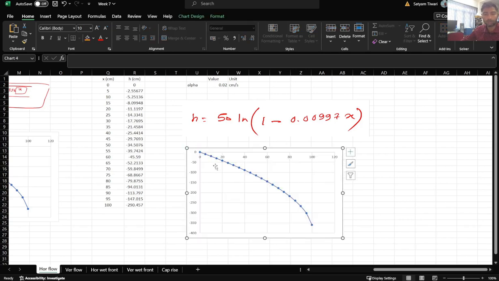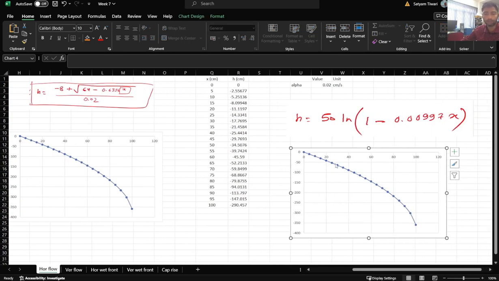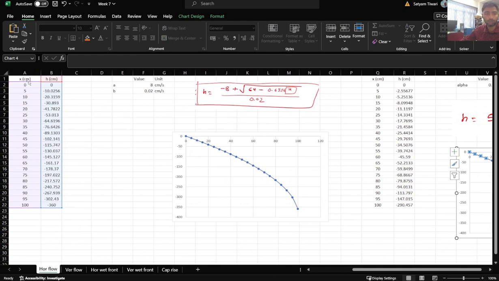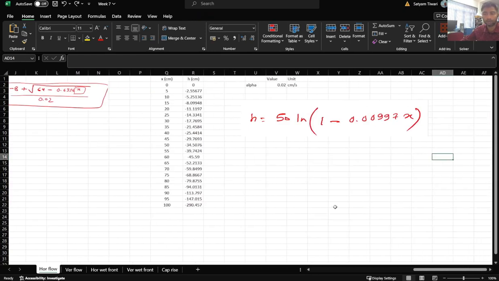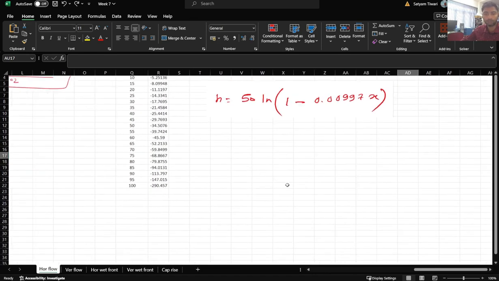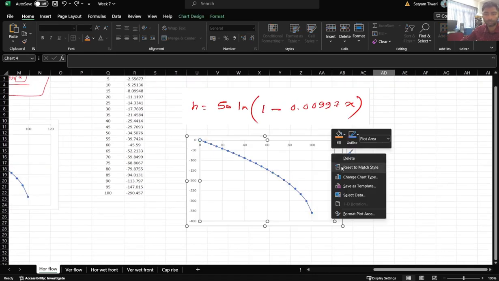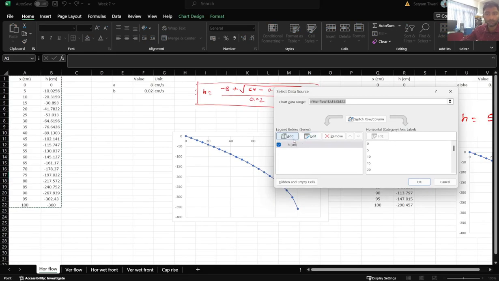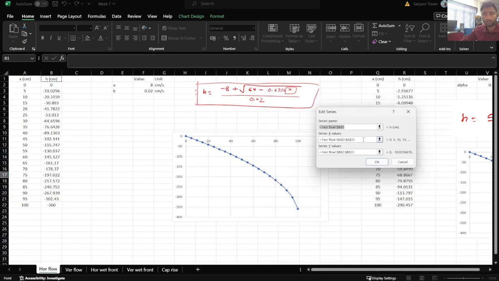Let's copy this graph, and we'll change the values which are used here. So x will be, let's change the data here. Select data, and we need to edit this one.